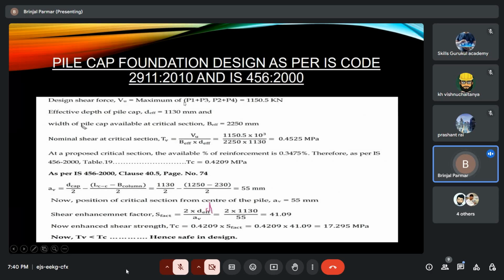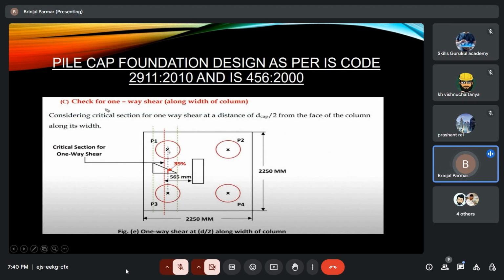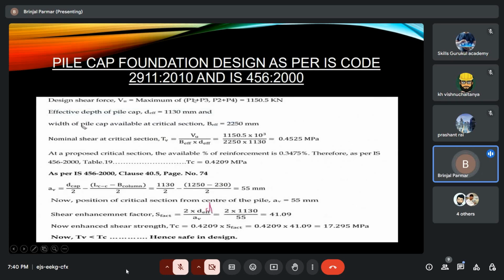Design shear VU is the maximum of P1, P3 and P2, P4, so we have to find P1, P3 and P2, P4. Effective depth of pile cap is 1130 mm. The width of pile available at critical section B effective is 2250. Nominal shear at critical section TV is VU divided by B effective into D effective. We put the values and we got 0.4525 MPa.